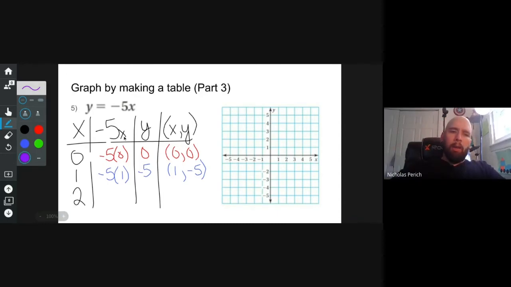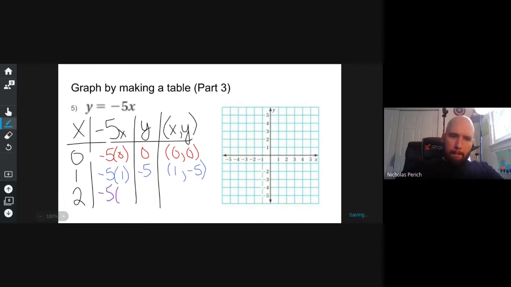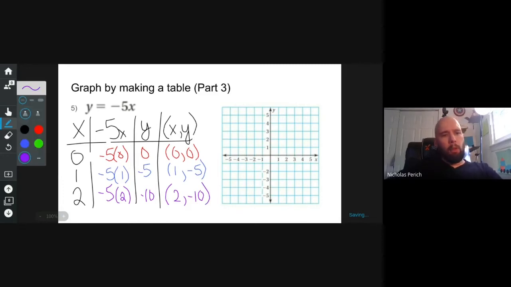X is 2. I'm going to write out -5 times 2, which is -10. And so since X was 2 and Y is -10, I have the point 2, -10.